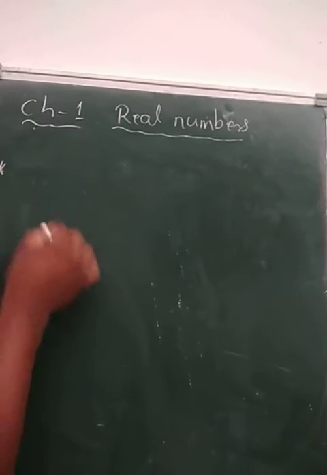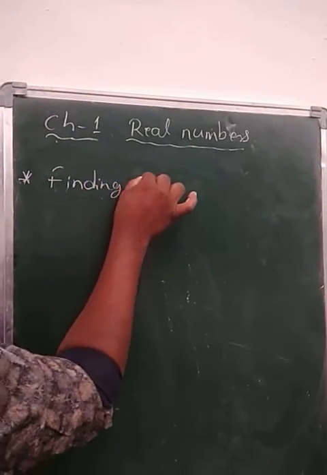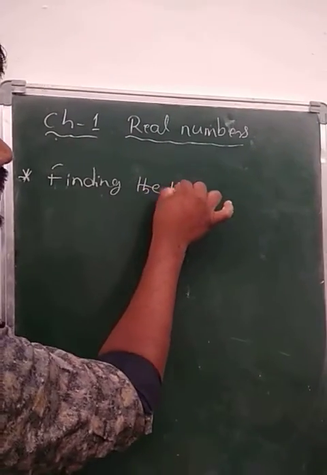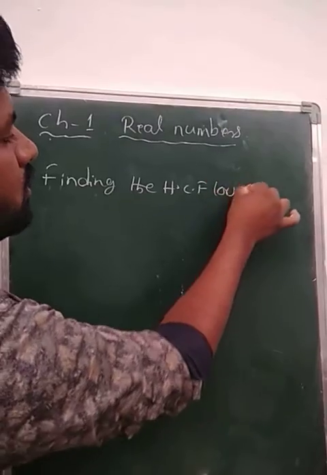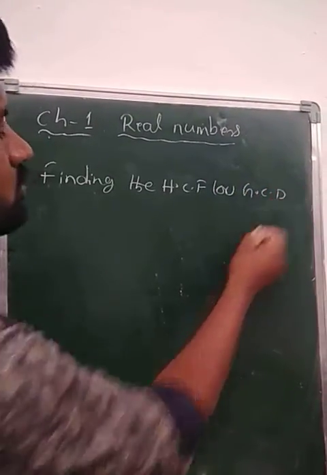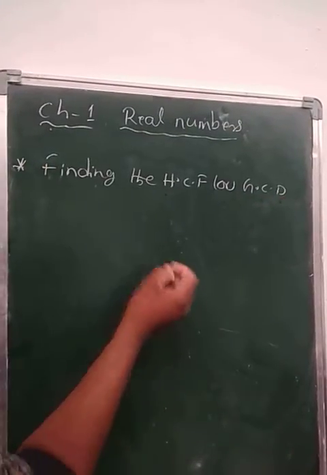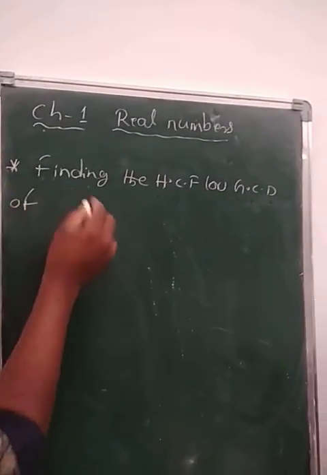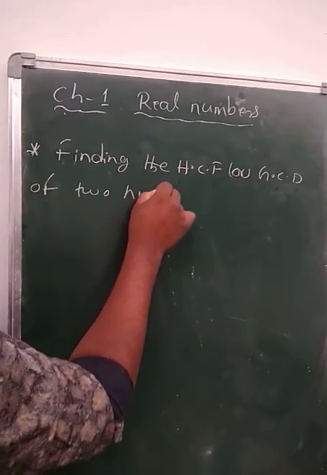Today's topic is finding the HCF or GCD, highest common factor or greatest common divisor of two numbers.